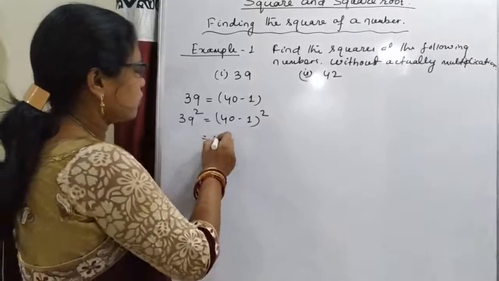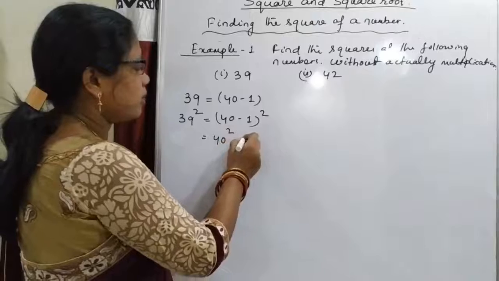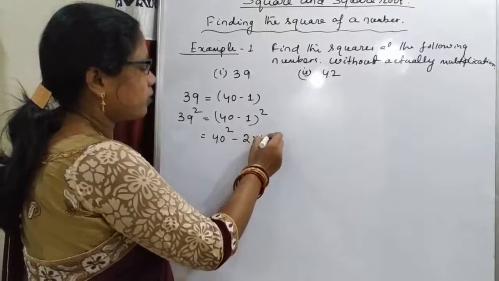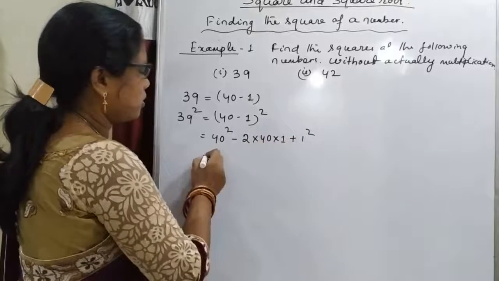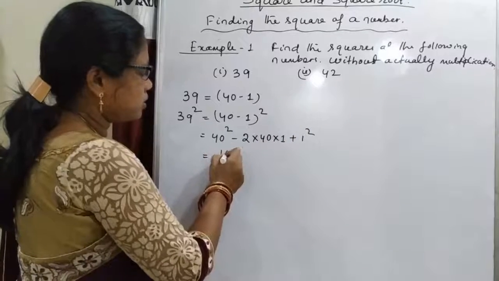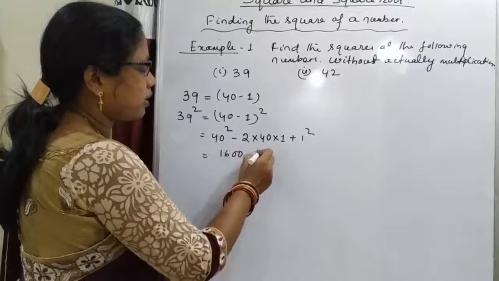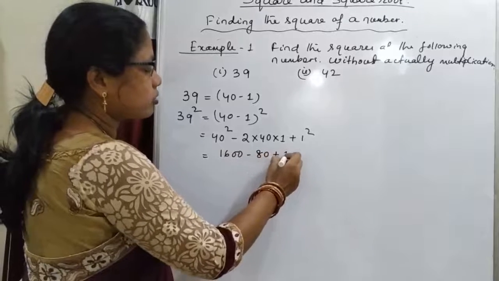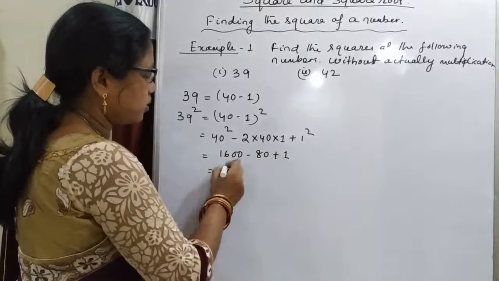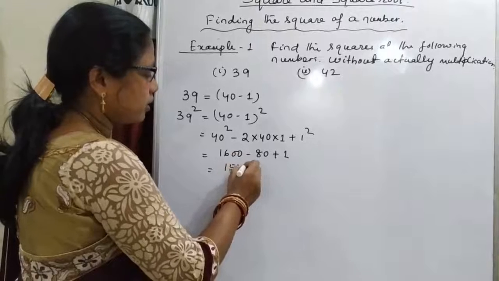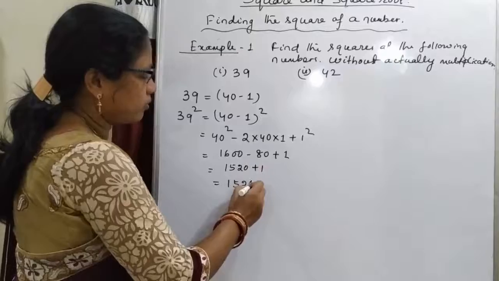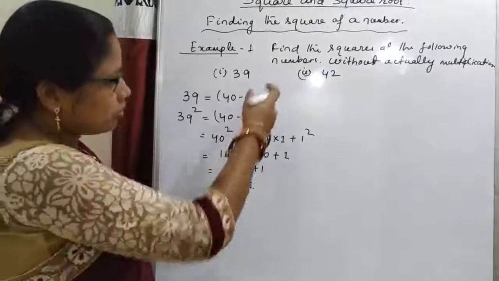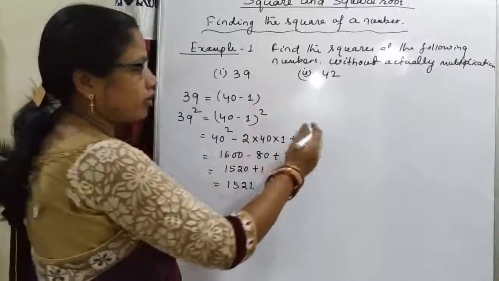So this is equal to 40 square minus 2 multiplied with 40 multiplied with 1 plus 1 square. This is 1600 minus 80 plus 1, which is 1520 plus 1, equal to 1521.